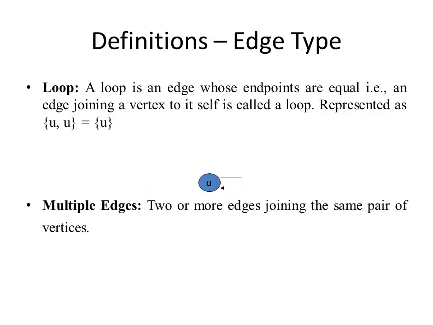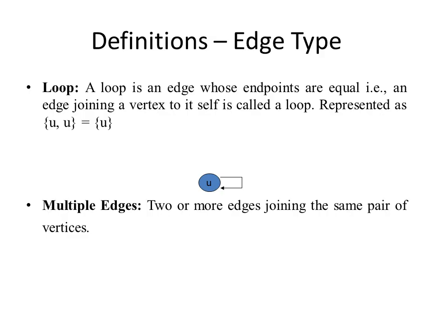Third is a loop. A loop is an edge whose endpoints are equal, meaning an edge from U to U is known as a self edge.